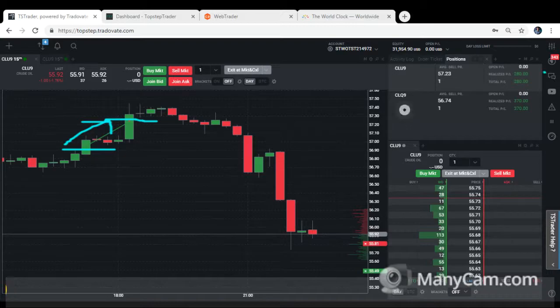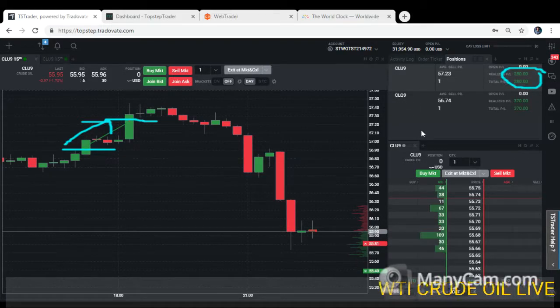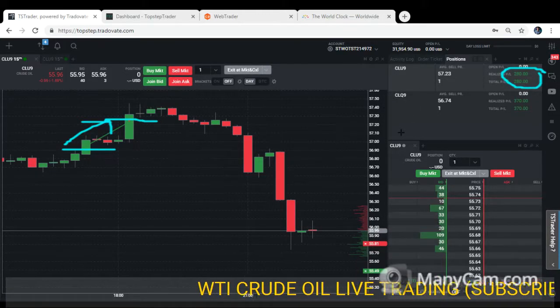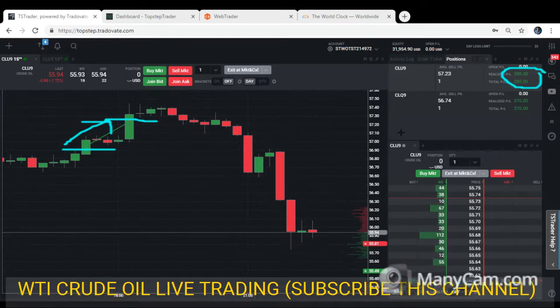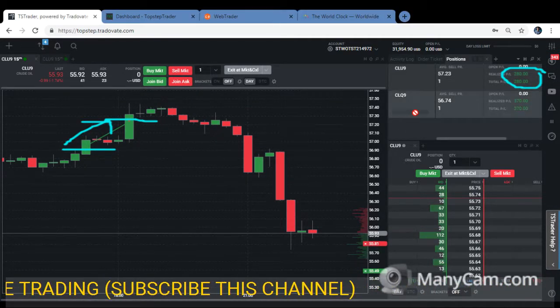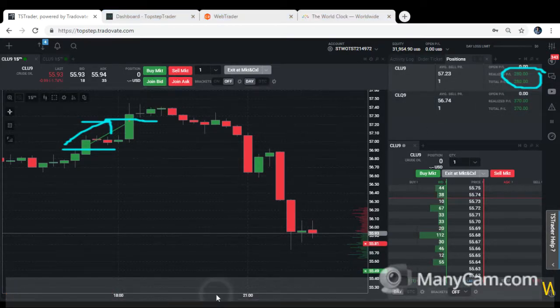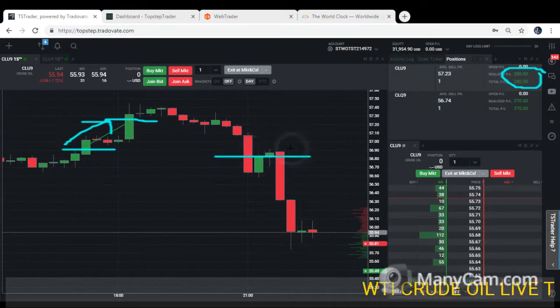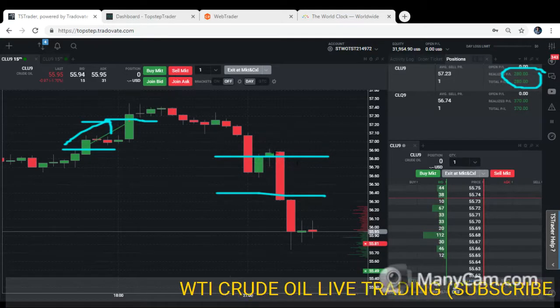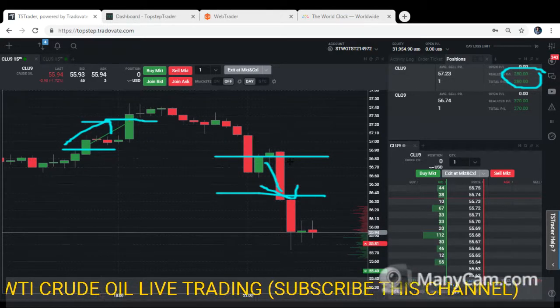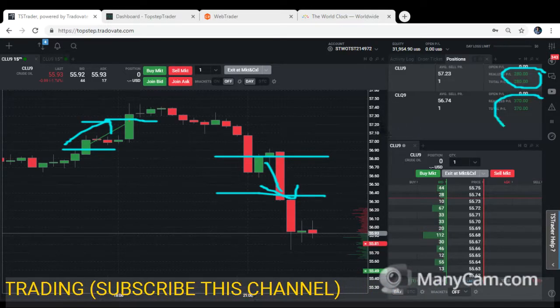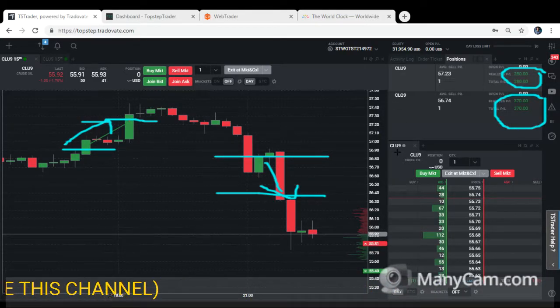I gained around 280 US dollar. And for CLQ, the August contract, I was trading short sell just now at somewhere here, and I closed it. It's a long candle here, quite good, a huge profit of 370.